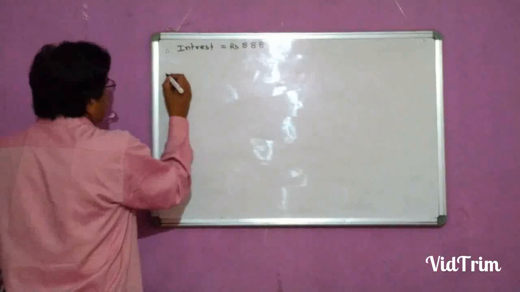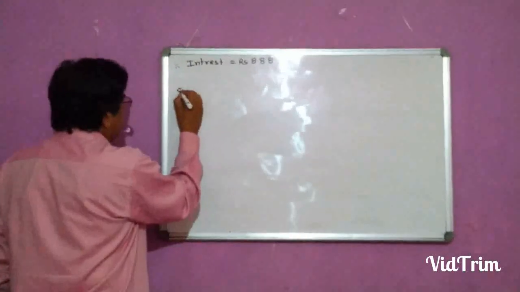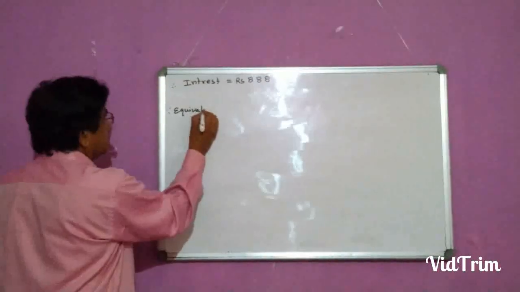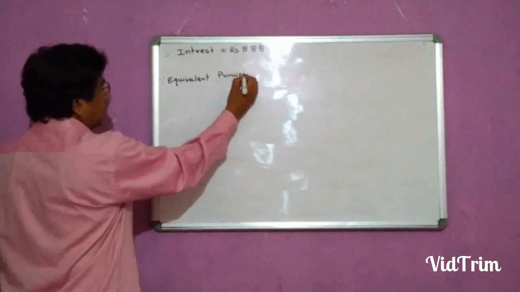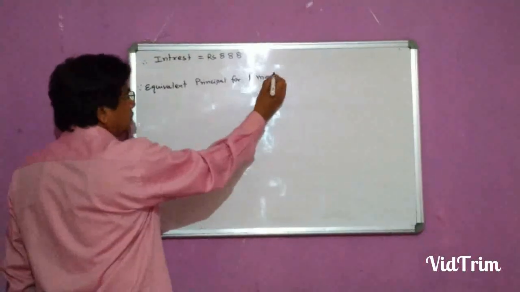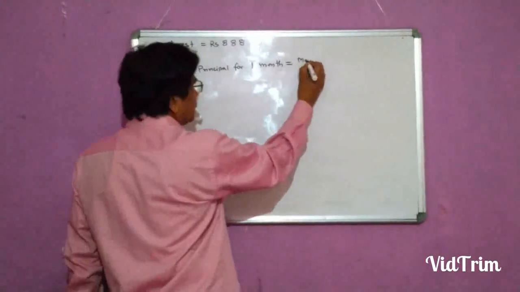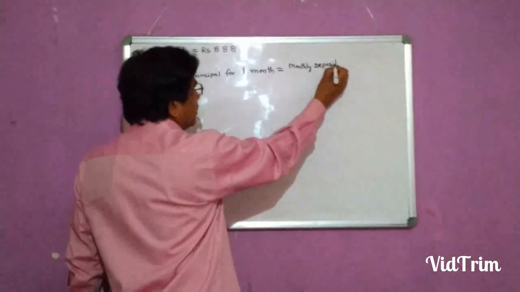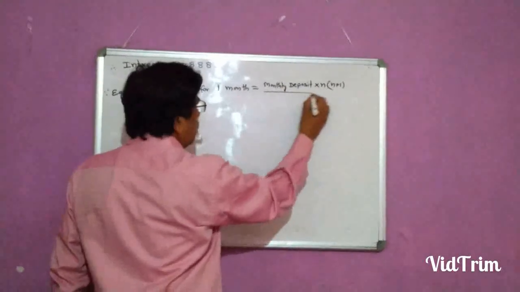So we'll use the formula. Again we'll come back to that first step, that is, the equivalent principal for 1 month is equal to monthly deposit into N plus 1 whole by 2.